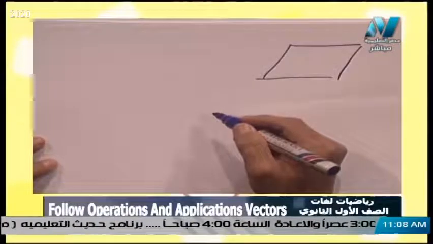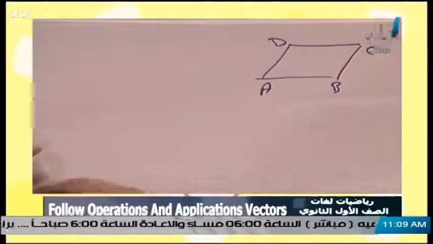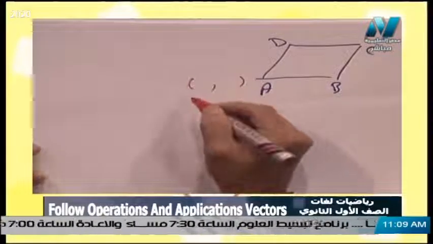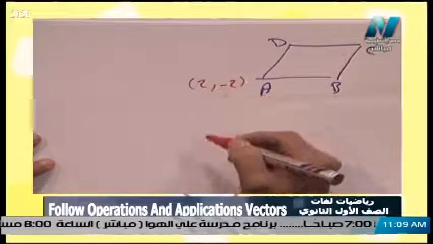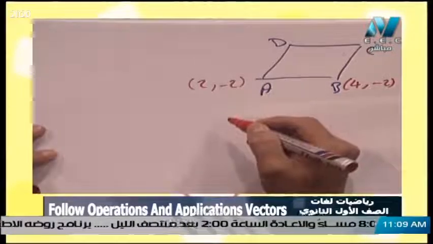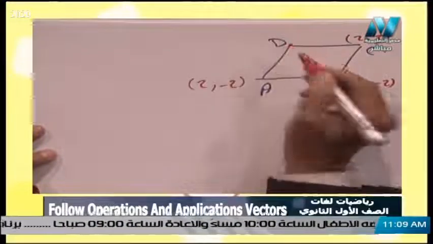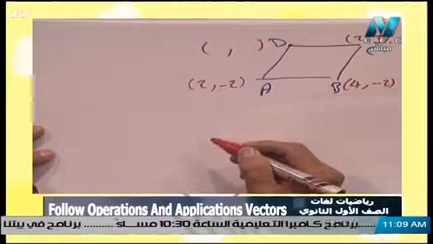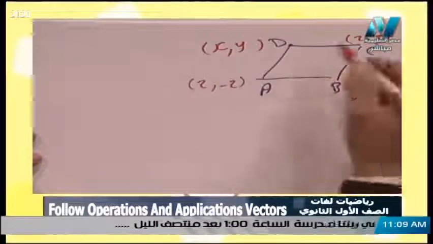If we have a parallelogram like that, A, B, C, D, and we have 3 points, A with coordinates 2 and negative 2, and B with coordinates 4 and negative 2, C with coordinates 2 and 3, and D has no coordinates, and the request is to find the coordinates of D, which is X and Y. Okay, and this is a parallelogram.